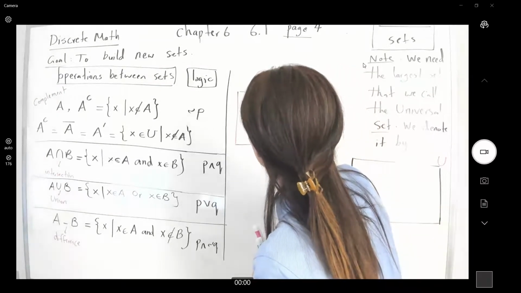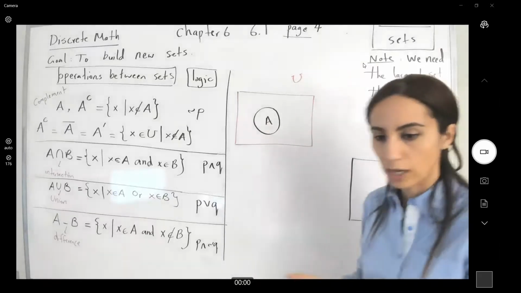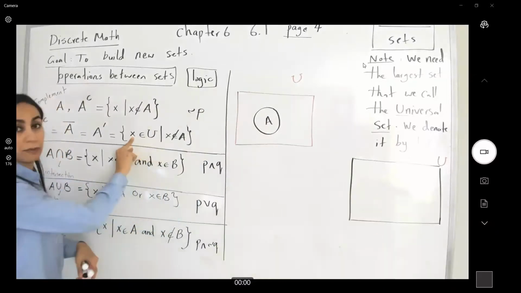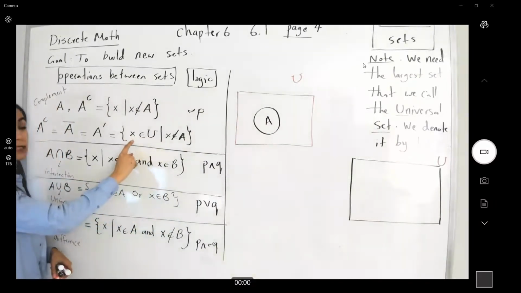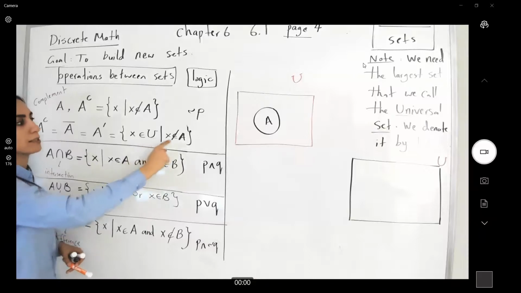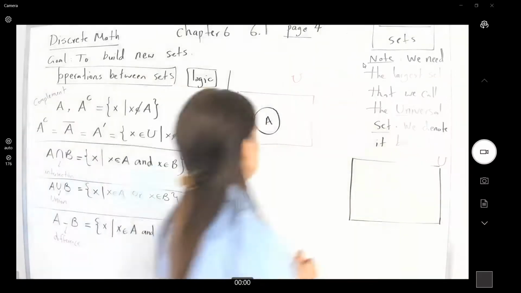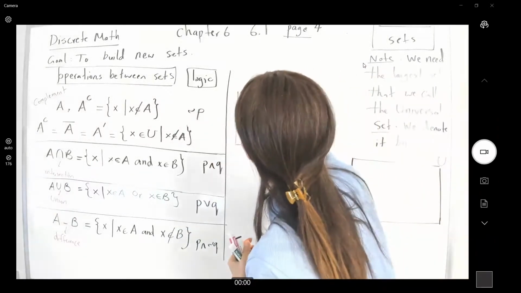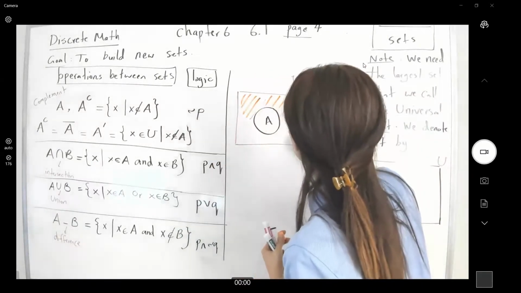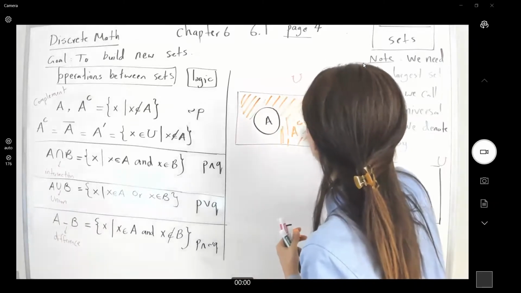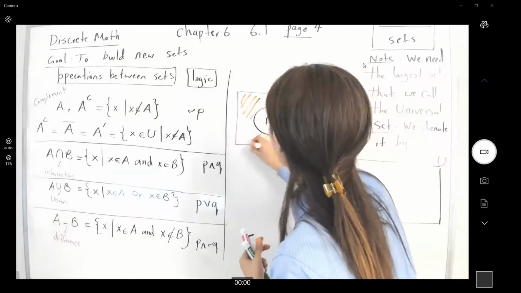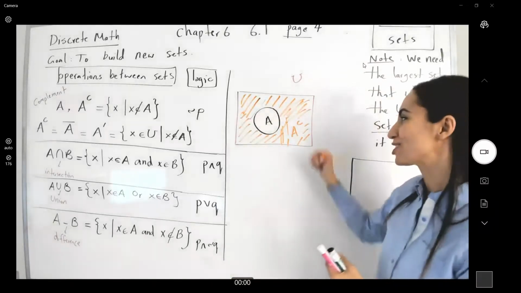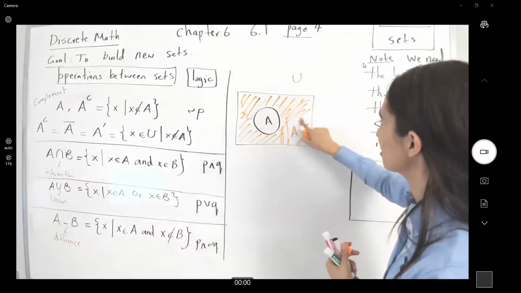This is your set A. Here we have everything that is in U but not in A. It means that we shade the region outside set A. This is the complement, everything that is not included in set A.